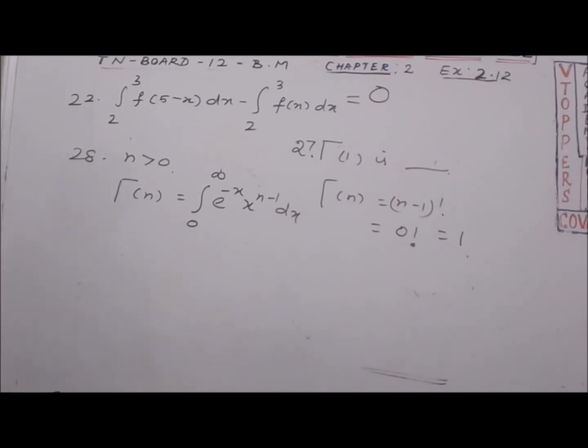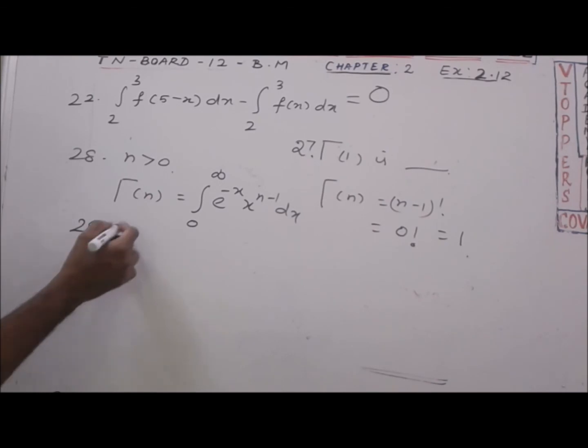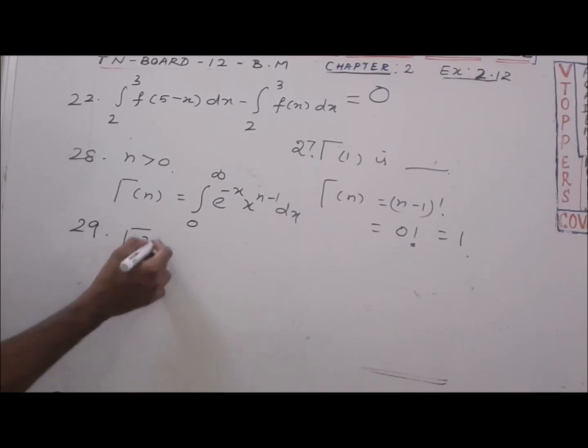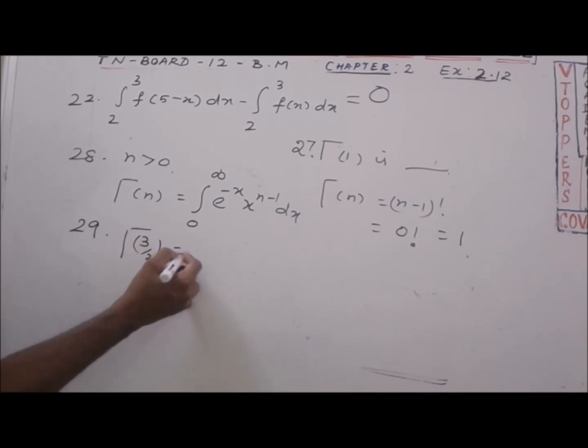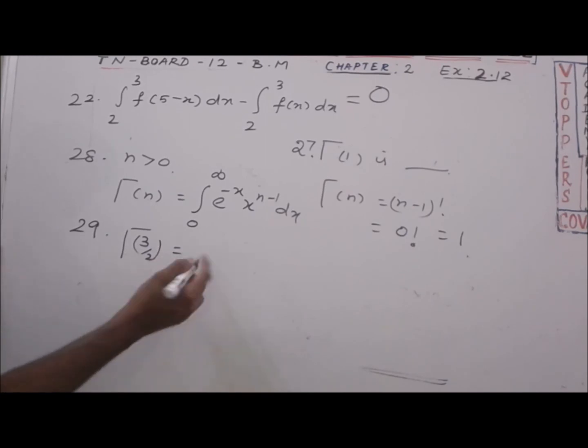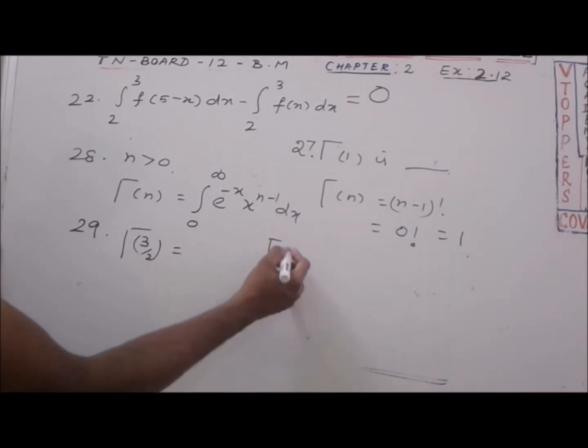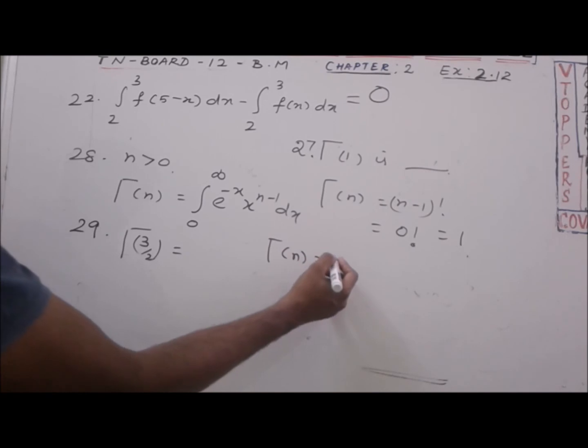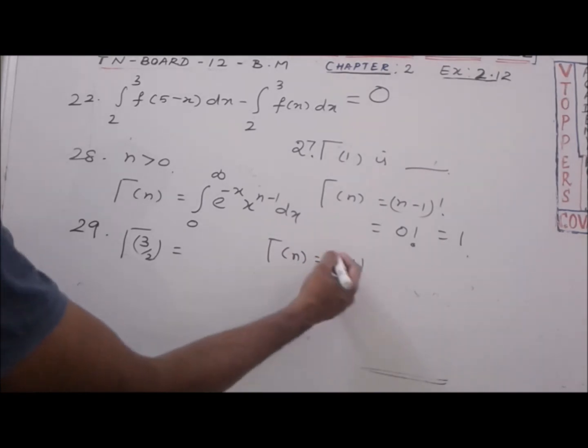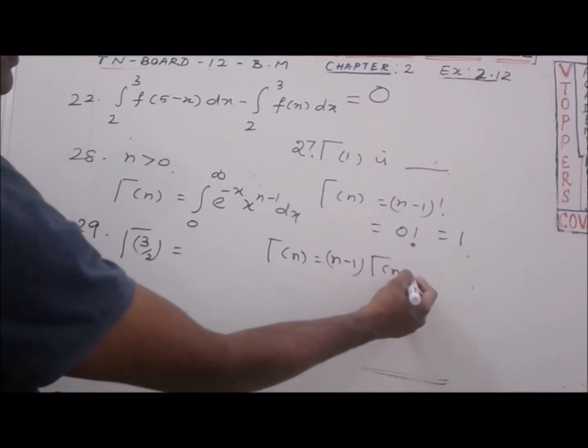Now question number 29, gamma of 3 by 2, which is equal to, gamma of n equal to n minus 1 into gamma of n minus 1.